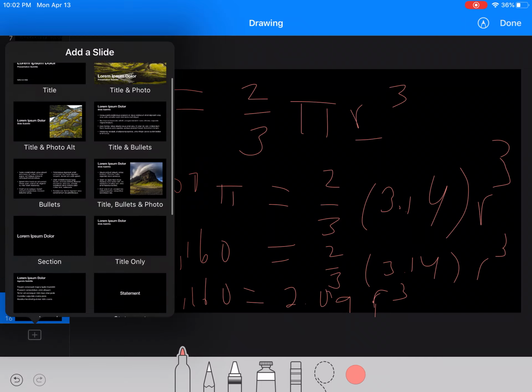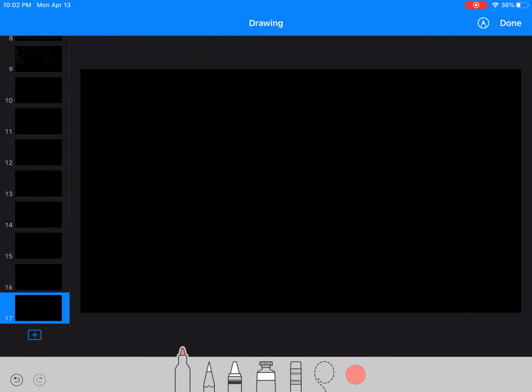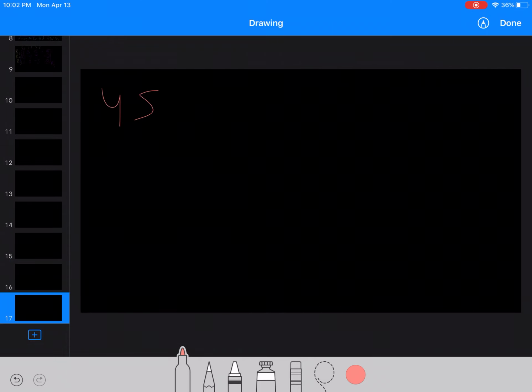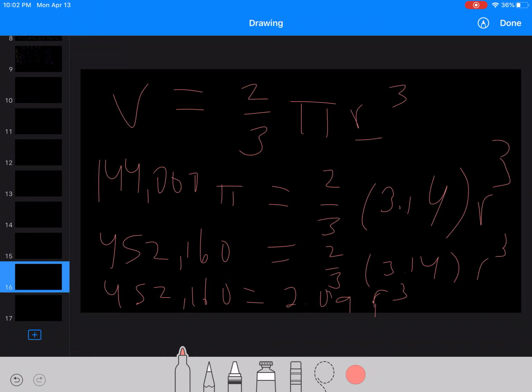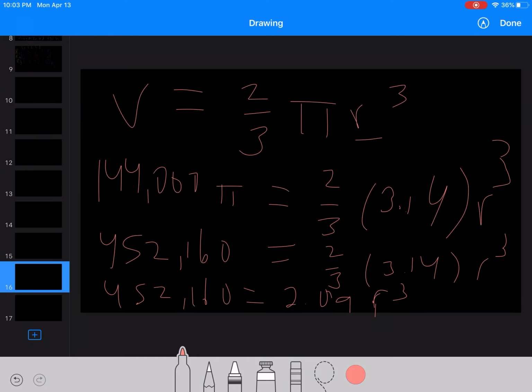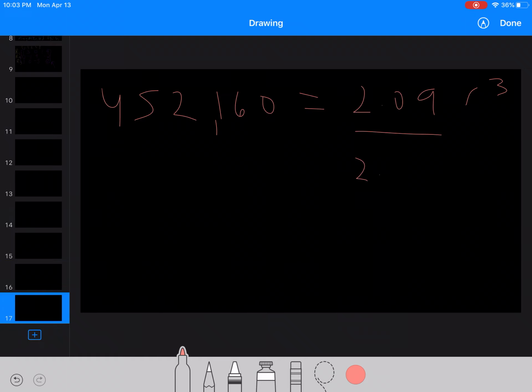On the next slide, what we want to do is divide both sides by 2.09, so we're going to divide both sides by that to get r cubed by itself.